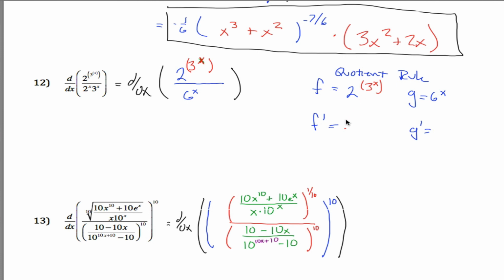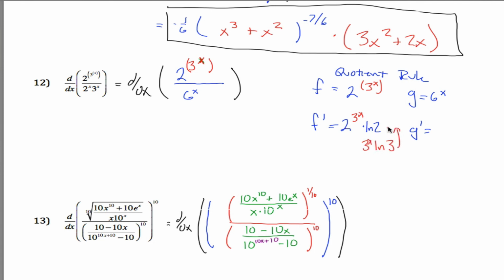If it were just 2 to the x here, the derivative would be 2 to the x times the natural log of 2. But it's not. It's 2 raised up to this weird power, the 3 to the x. So I leave the 3 to the x alone here, and here I multiply by the derivative of 3 to the x, which is 3 to the x times the natural log of 3.